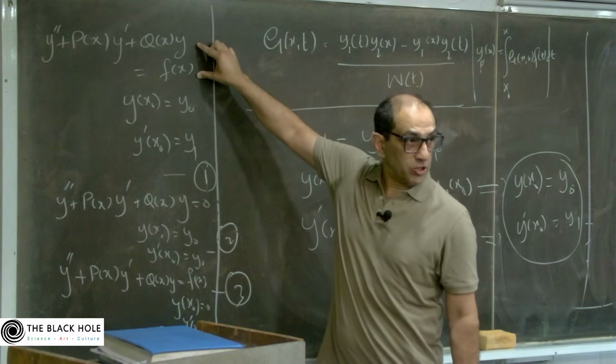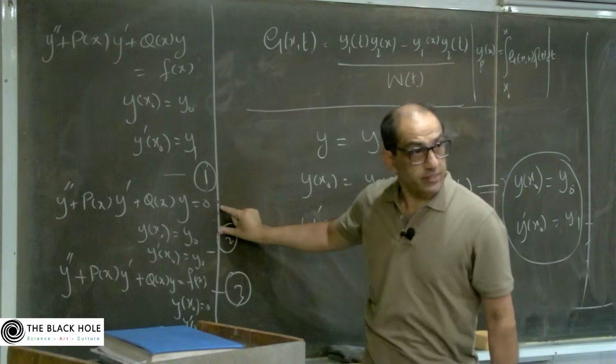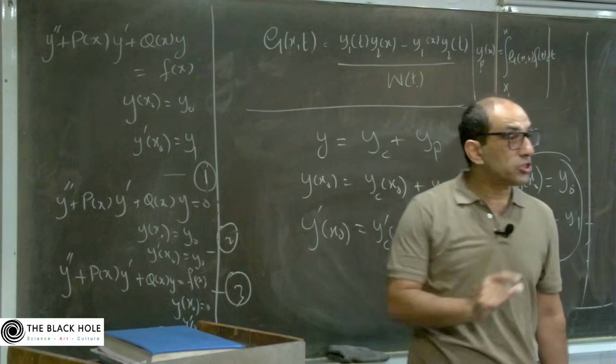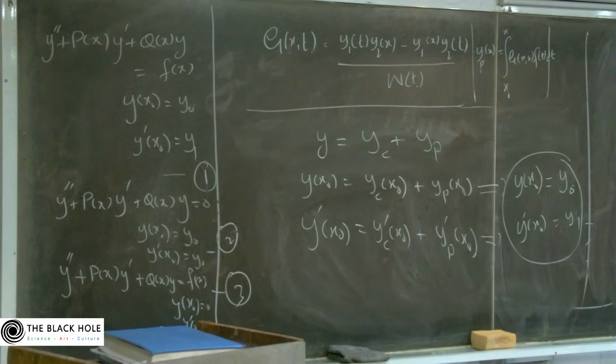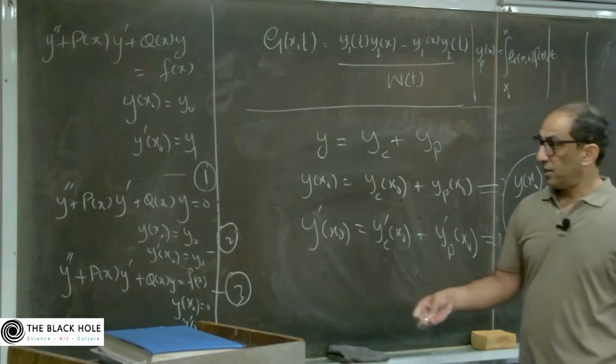So if this is the differential equation and I write this down, the solution of it will be what? Natural response, which is represented by yc.